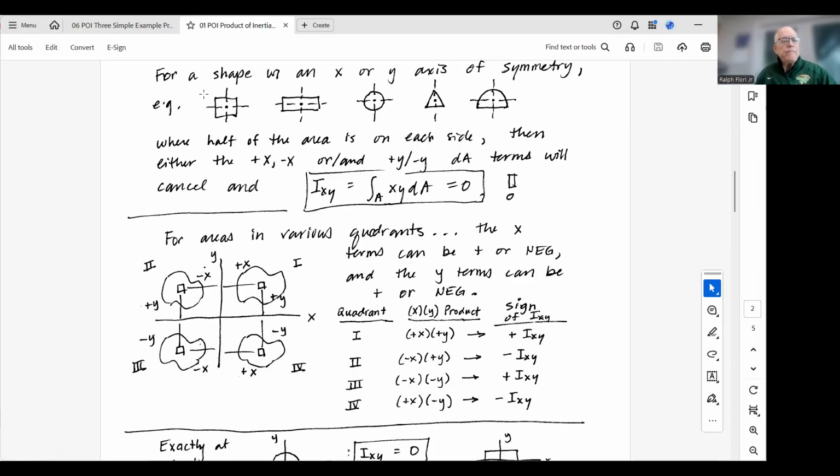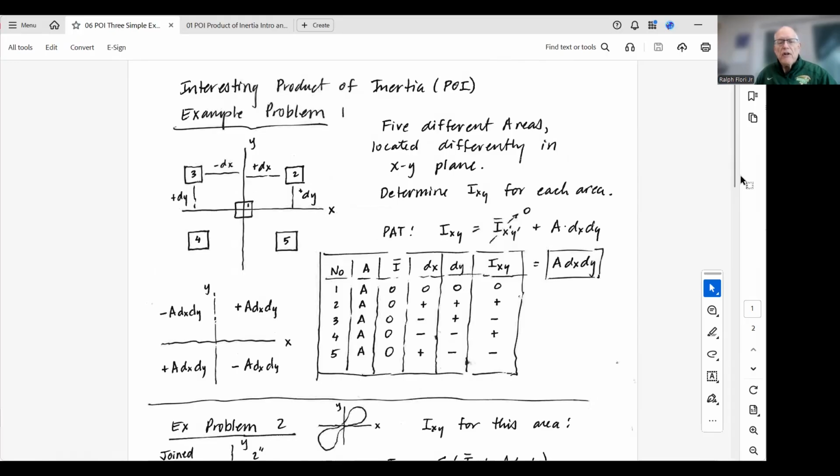In this video, we're basically going to do the same thing, but now we're going to use the parallel axis theorem since we now know it, since we derived it. I'm going to do an example problem. So here's an XY coordinate system, and there are 5 different areas. There's area 1, which is centered at the origin.